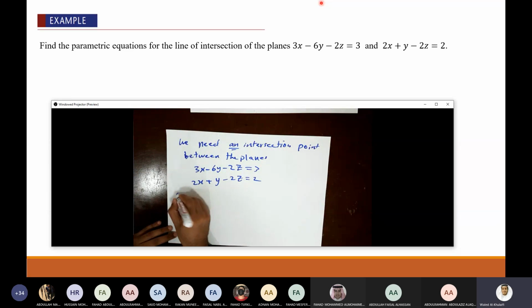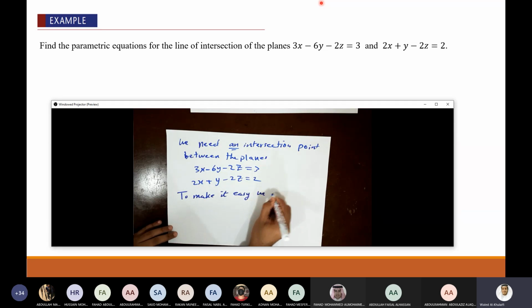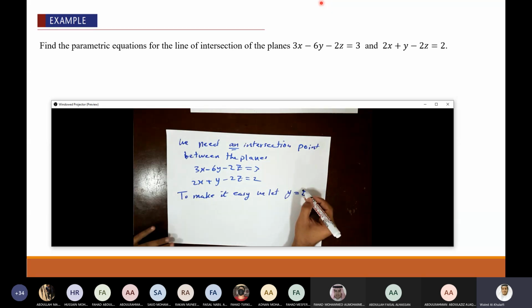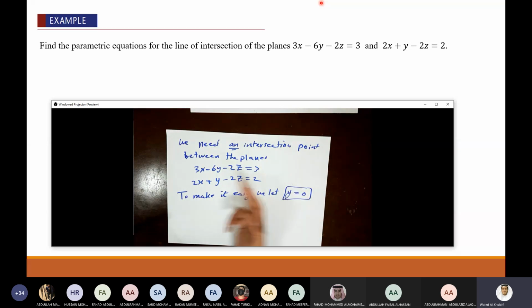To make it easy, we let y equal 0. We choose a point on the xz plane. For example, you could make x equal 0 and solve, or z equal 0, whatever you like.